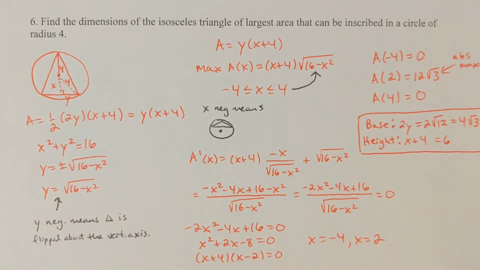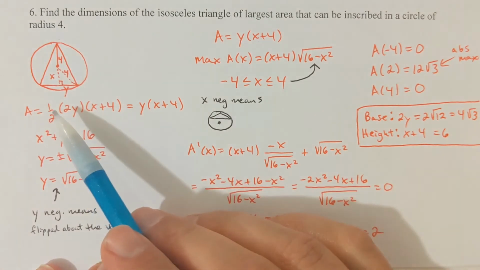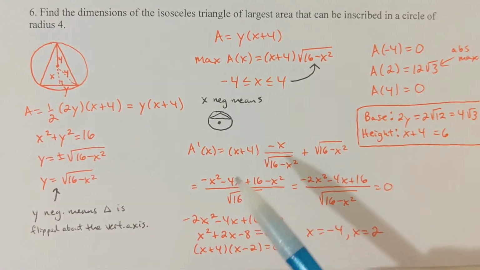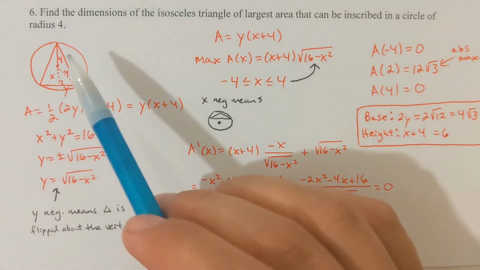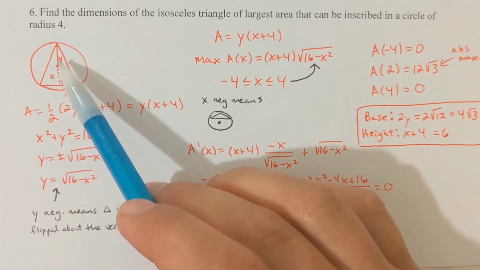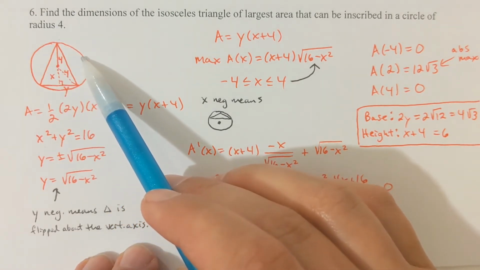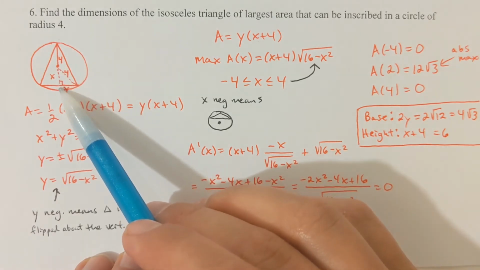Now what are the conditions on x? Well, you're working with a circle of radius 4, right? So x can't be bigger than 4, otherwise you're outside of the circle. Now x could be negative. x negative just means that the base of the triangle would be above the center point. Okay, x positive means that it would be below the center point.